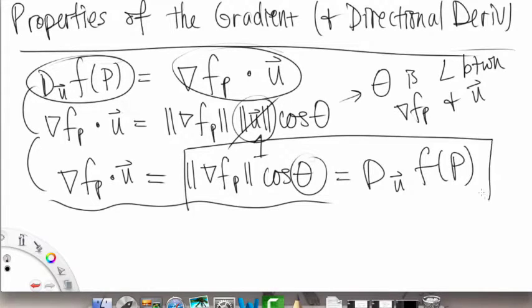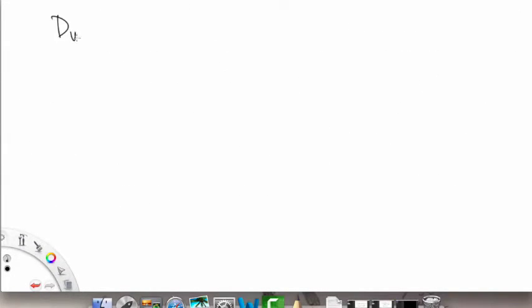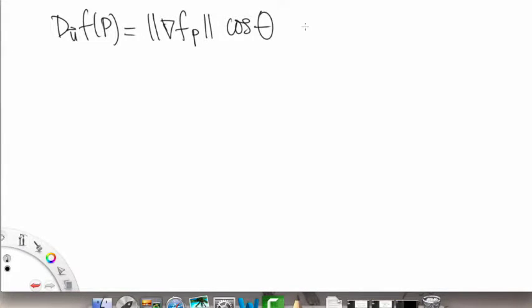The rate of change, the slope of the tangent line, depends on the cosine of the angle between the gradient and the direction vector. So the directional derivative of f at p is equal to the magnitude of the gradient of f at p times cosine theta, where theta is the angle between them.